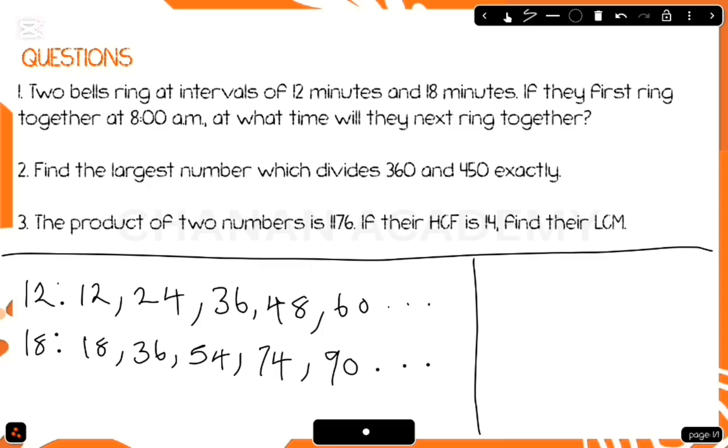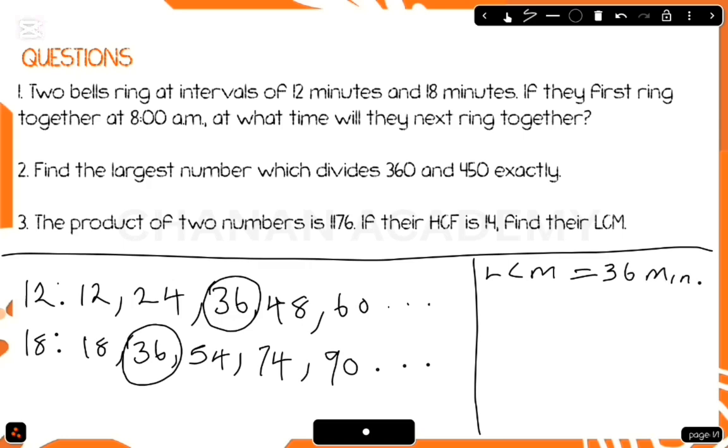If you look closely, what is the common multiple between the multiples of 12 and 18? We have 36, and it is the least common multiple. So our LCM is equal to 36 minutes.